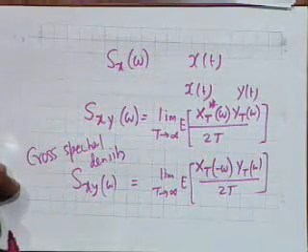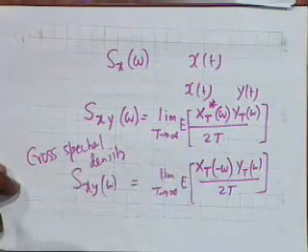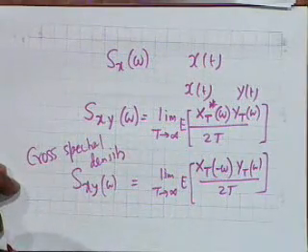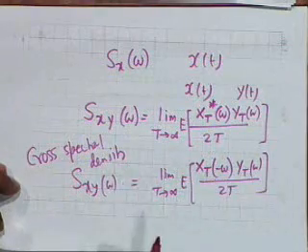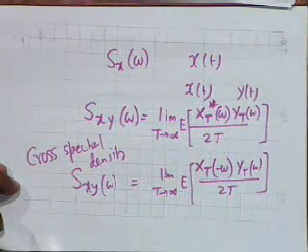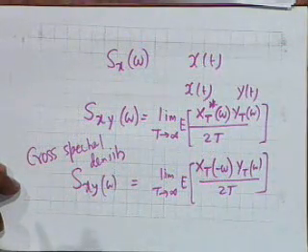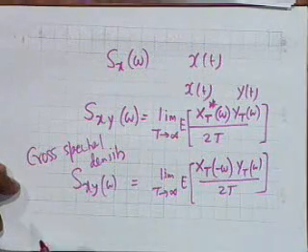Obviously now one can define another cross spectral density, which is capital S of yx of omega. If we do that, then we have to conjugate y of t.